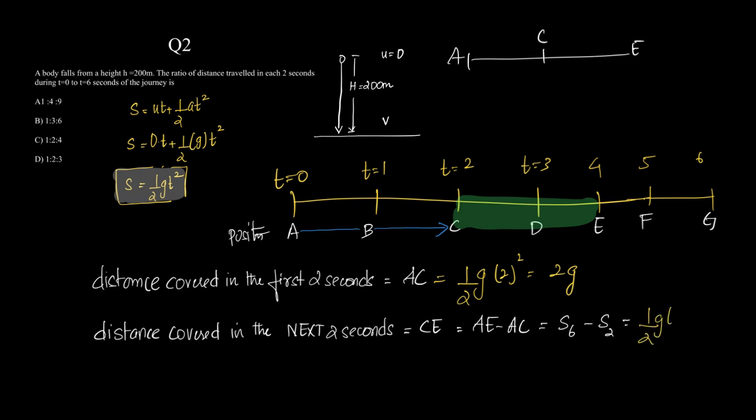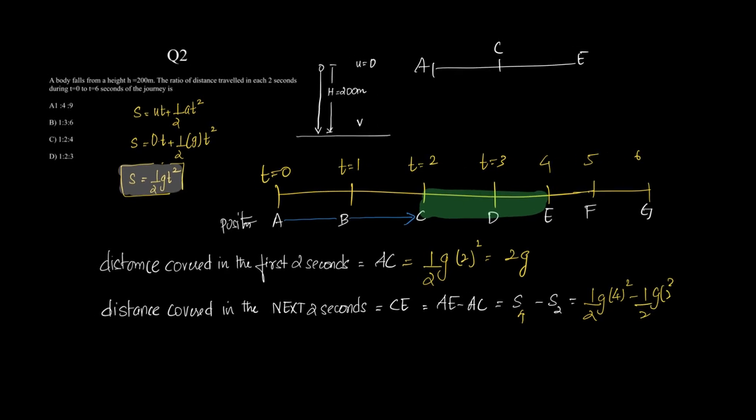Which can be written as half g into, oh, did I take 6? I'm sorry, it is not 6, it is 4. So S4 minus S2, which is half g 4 square minus half into g into 2 square.